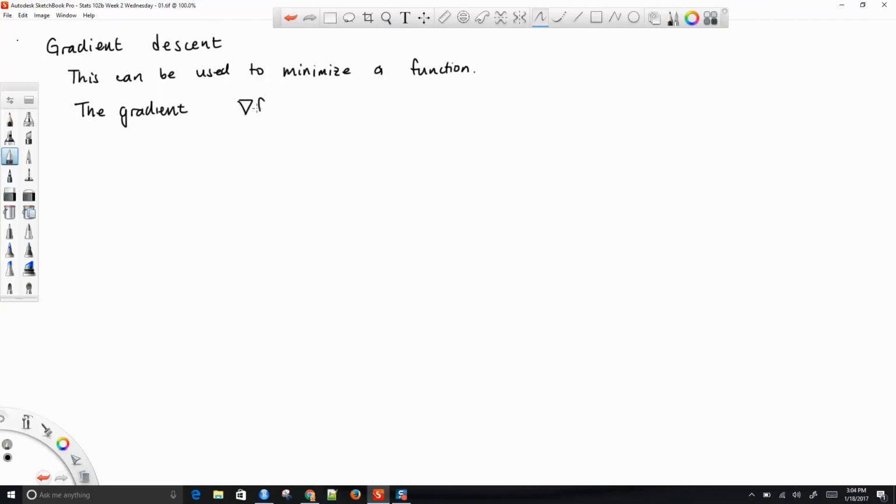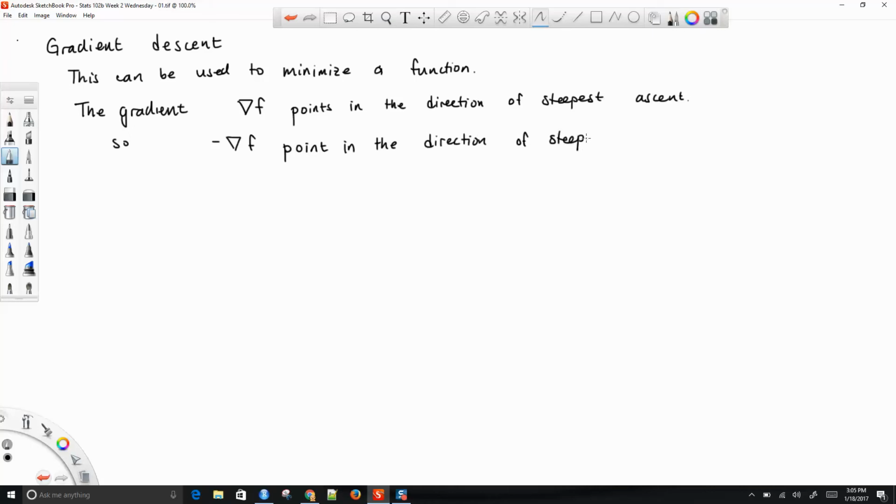The gradient of a function, delta f, points in the direction of steepest descent. So negative delta f will point in the direction of steepest descent, at some point, an infinitely small point.